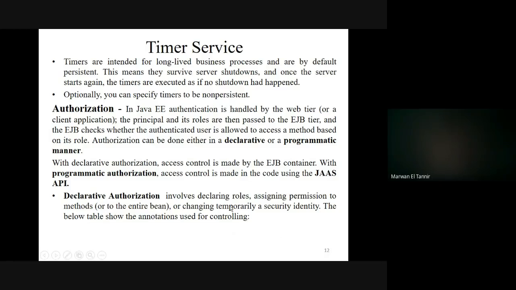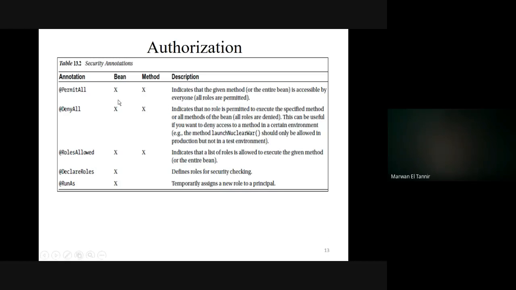Declarative authorization, and this is what we use in the lab. We declare roles and assign permission to methods, to roles of some methods. We use some annotations like PermitAll.